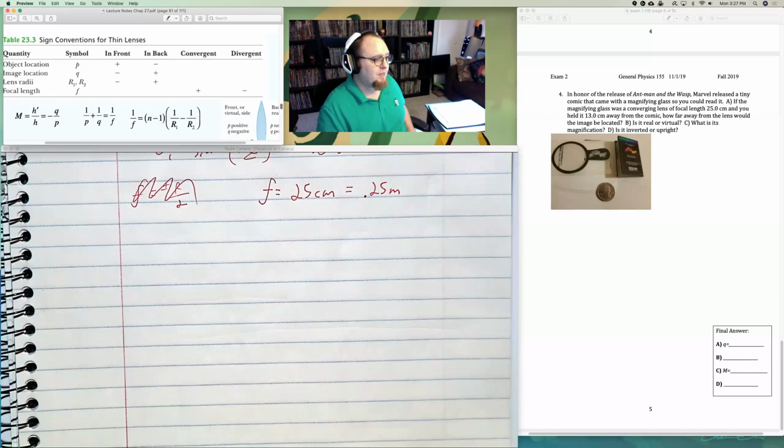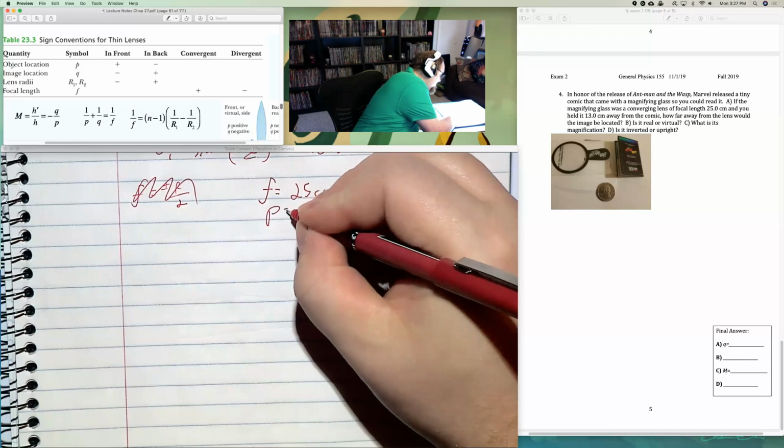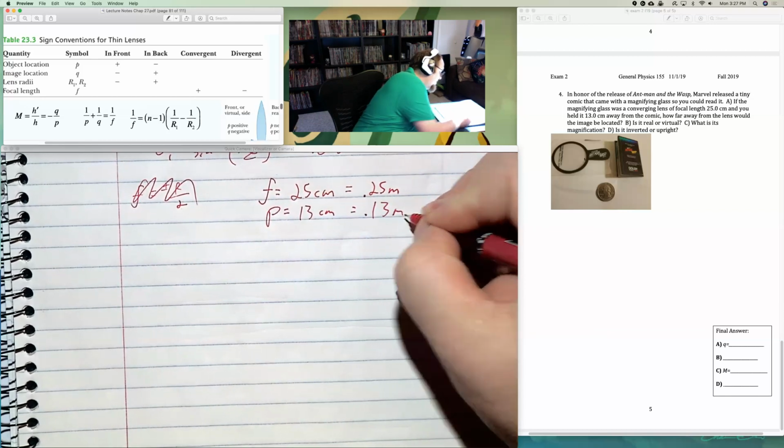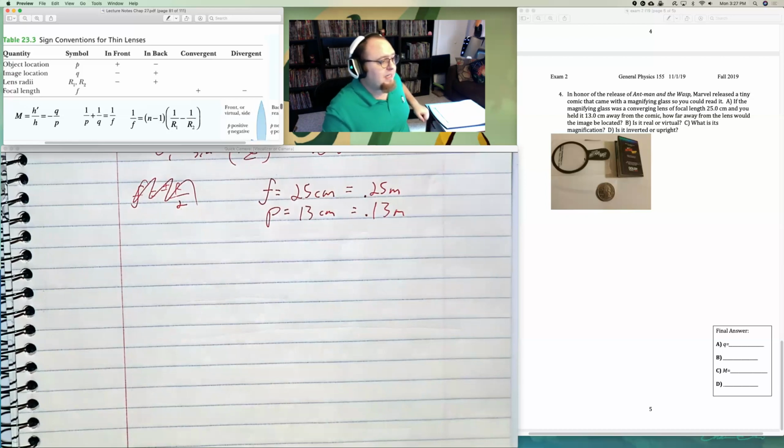So the magnifying glass has a focal length of 25 centimeters, and you held it 13 centimeters away from the comic. That means the distance between the comic and the lens is 13 centimeters. That means p is 13 centimeters, or 0.13 meters. Given that, how far away from the lens is the image located?